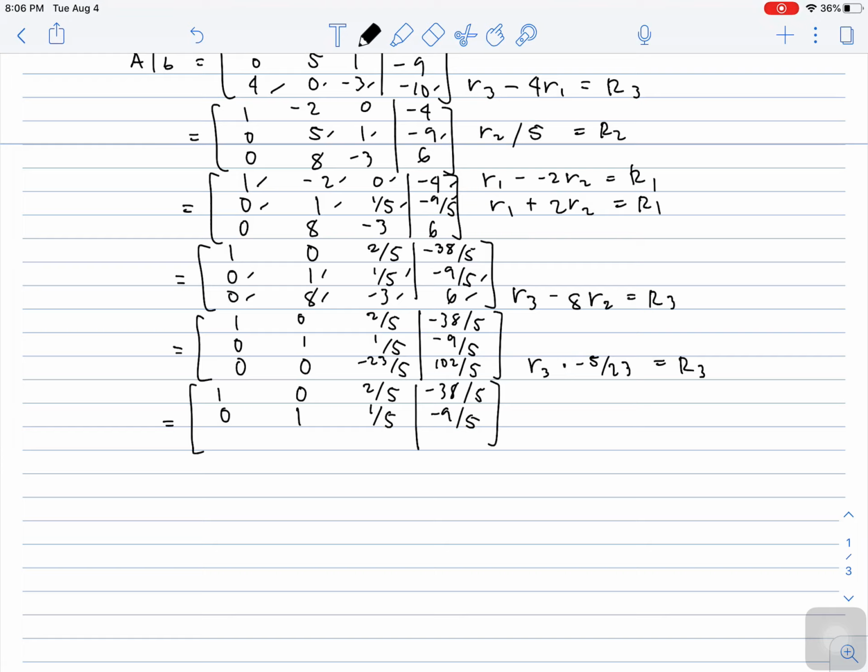So with that formula, 0 multiplied by any value is 0. 0 multiplied by this number is still 0. Then negative 23/5 multiplied by negative 5/23 is 1. Then 102 divided by 5 multiplied by negative 5/23 is negative 102 divided by 23.